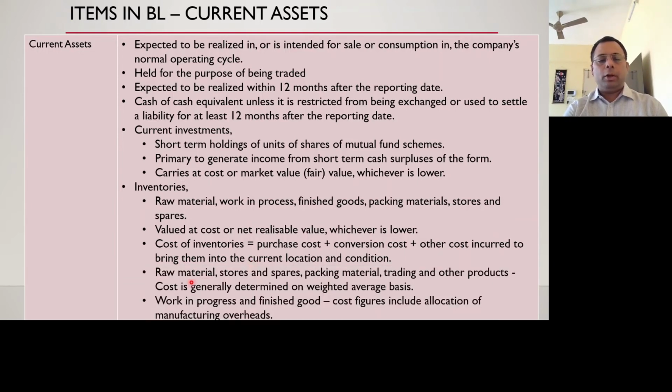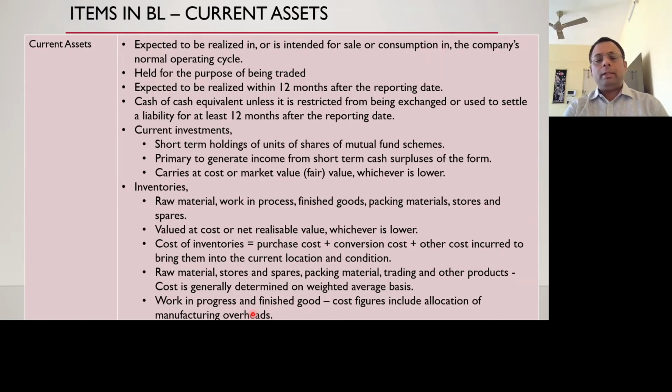And then what you have is the raw material, stores and the packing materials, and it's generally determined on a weighted average basis. So basically, on an average, you maintain it month by month, and on the basis of that we calculate the cost of these items. For work in progress and finished goods, there is a difference: you have already processed them, and you have given some inputs to these kinds of assets.